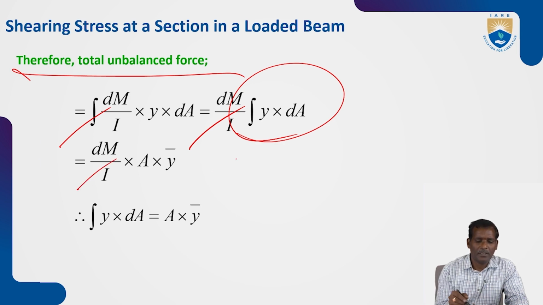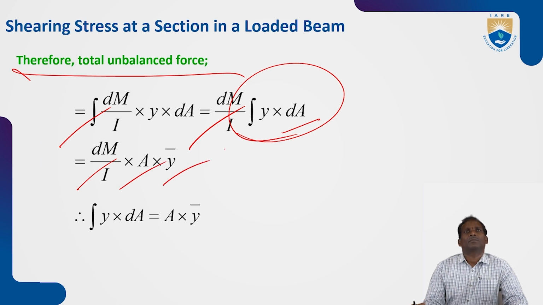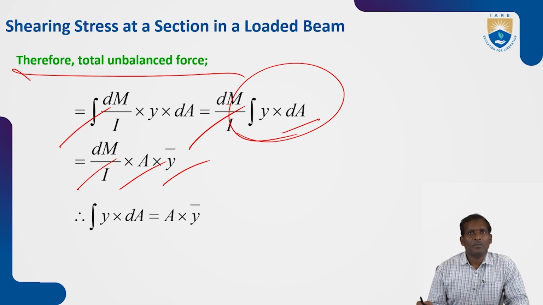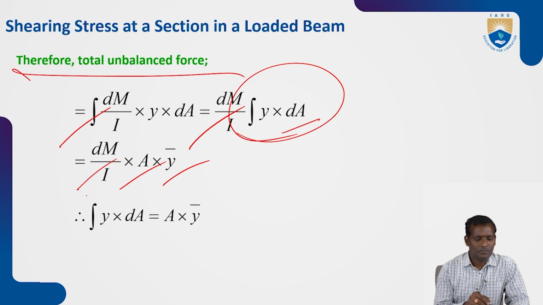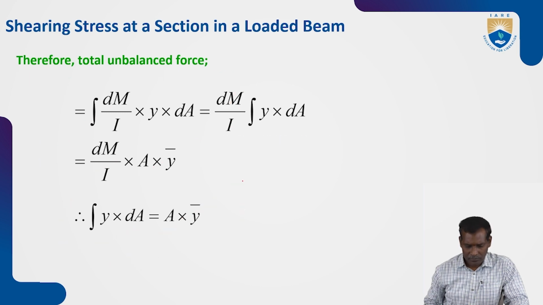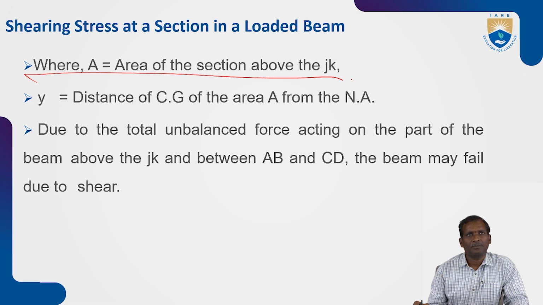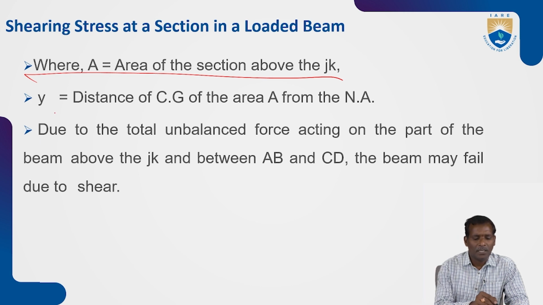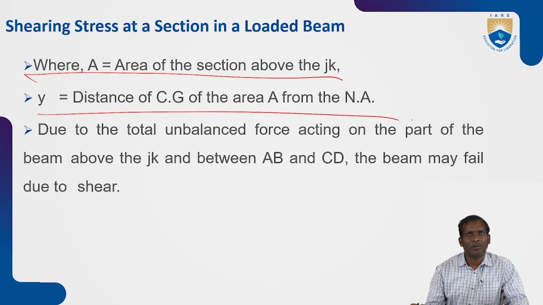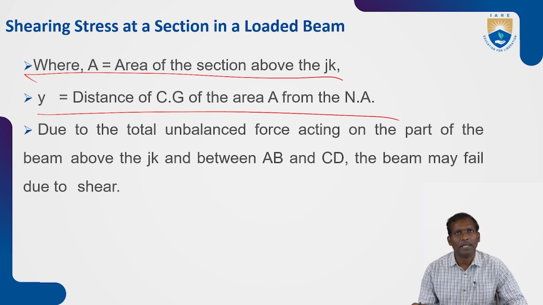So dM by I into the integral of y dA, which is A into y bar, where A is the area of the section above the JK, and y bar is the distance of the center of gravity of the area A from the neutral axis.